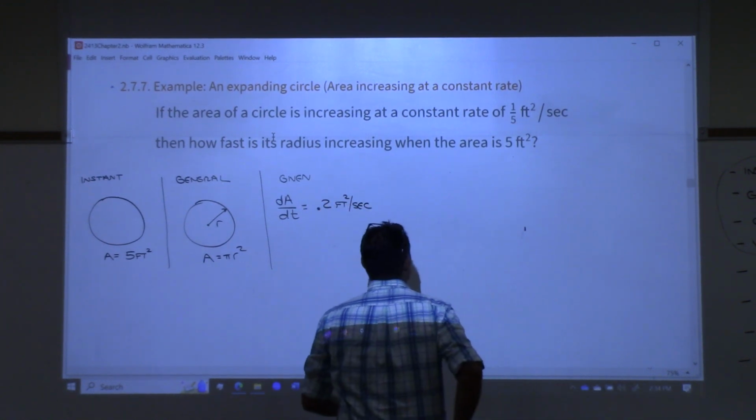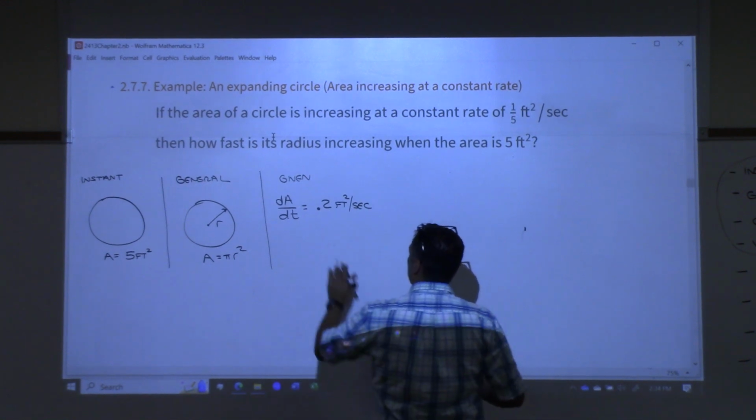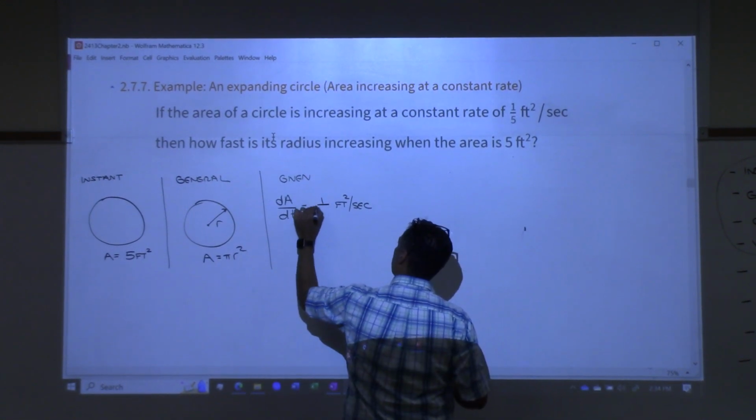I went ahead and turned the 1/5 into a decimal. Actually, probably be fine to have it as a fraction.